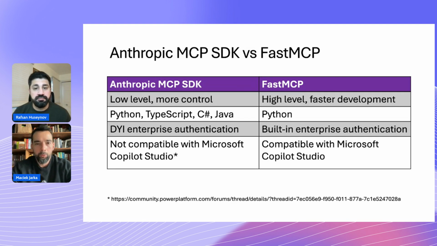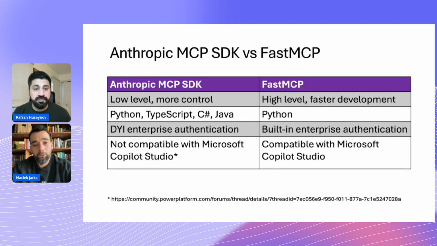And reason number two why we have chosen FastMCP, and this is actually more important, is that the basic MCP SDK is not compatible with Microsoft Copilot Studio. This may be weird because you may think MCP is a kind of standard protocol, so why is it not compatible?